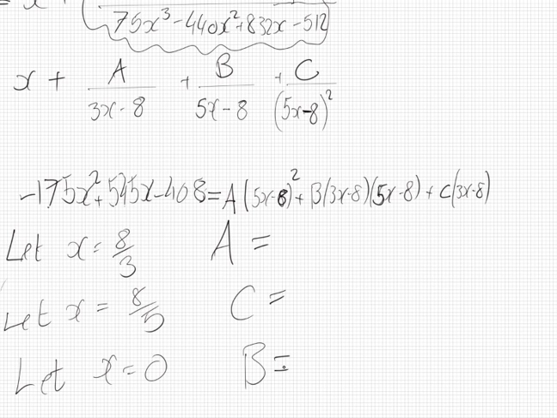So, can somebody check with me as well? On the left, we put in 8 over 3. So, minus 175, 8 over 3 squared.